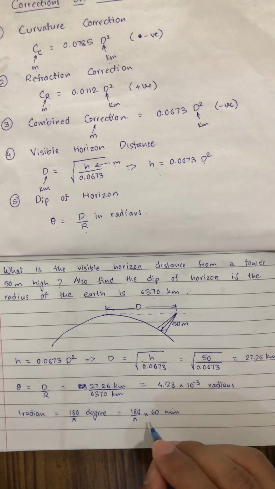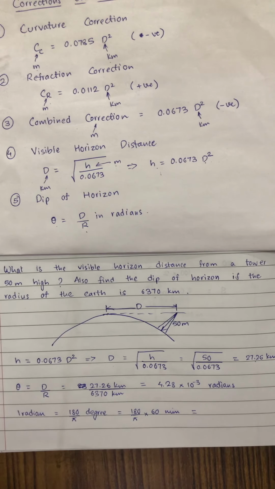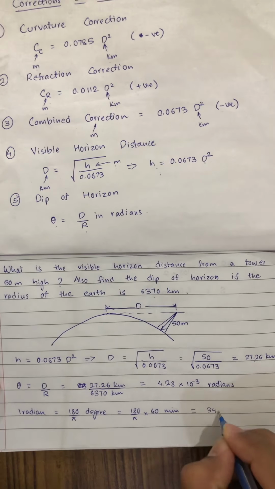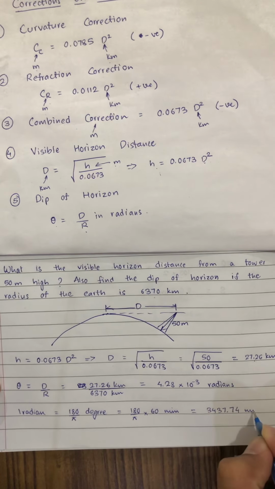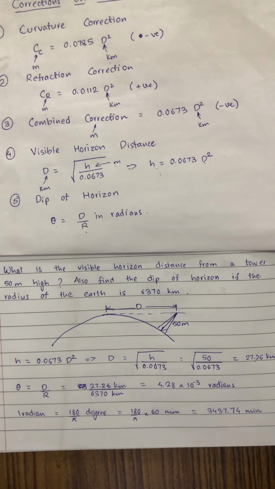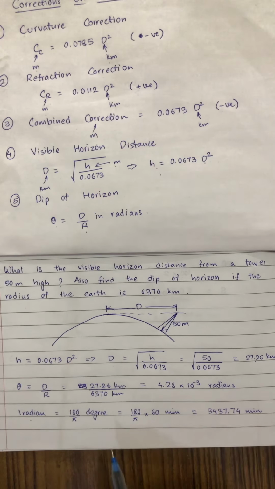If we calculate 180 into 60 by pi, it comes out to 3437.74 minutes. So 1 radian is equal to 3437.74 minutes.